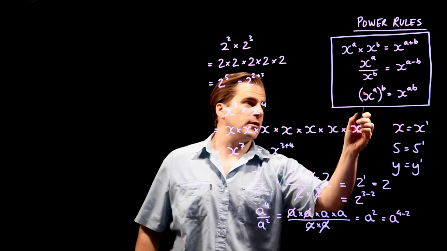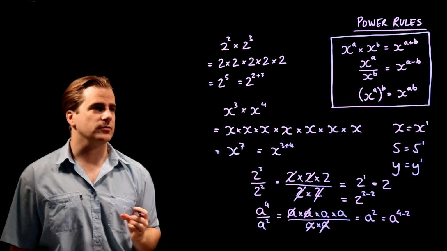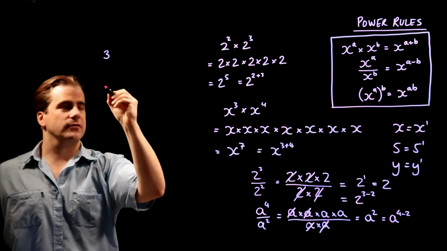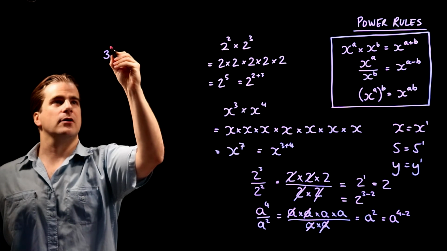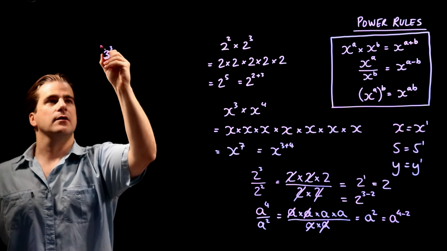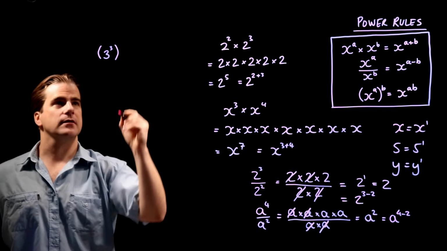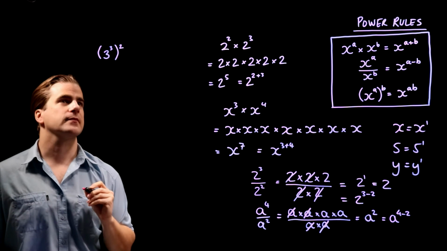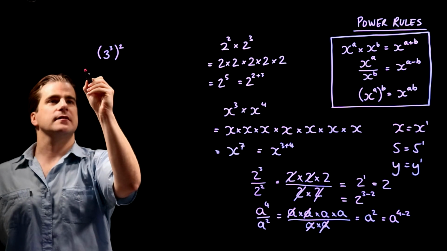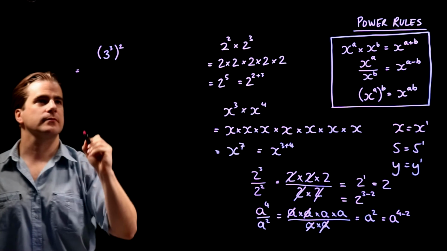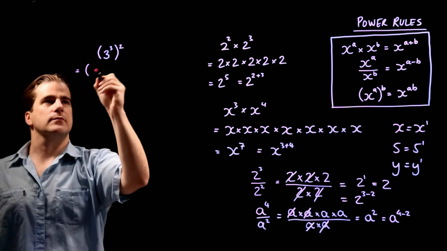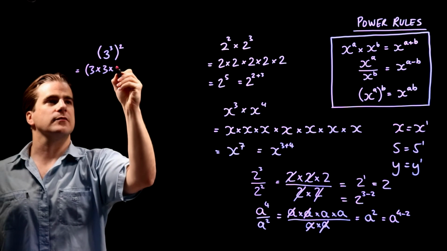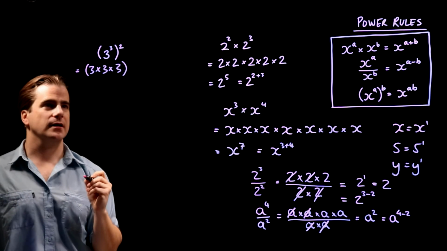Okay, now the third one is, I call it the bracket rule. Let's do 3, for example, to the power of 3. And that whole thing, we're going to square it. Now, that's equal to 3 cubed is 3 times 3 times 3. Okay?